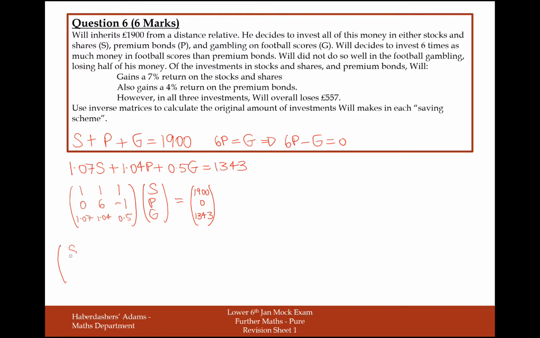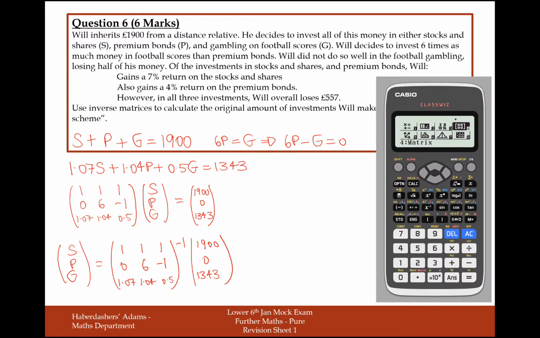So, S, P, and G is going to equal the inverse of 1, 1, 1, 0, 6, -1, 1.07, 1.04, and 0.5 times by the results matrix, 1,900, 0, and 1,343. So, get the calculator out now.